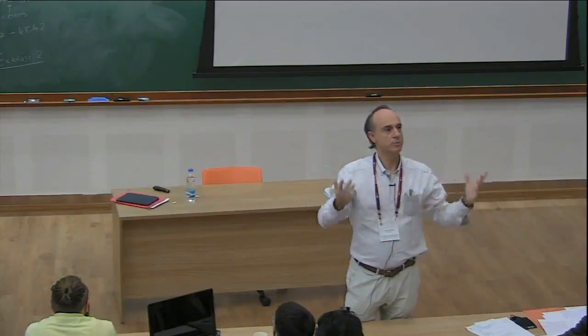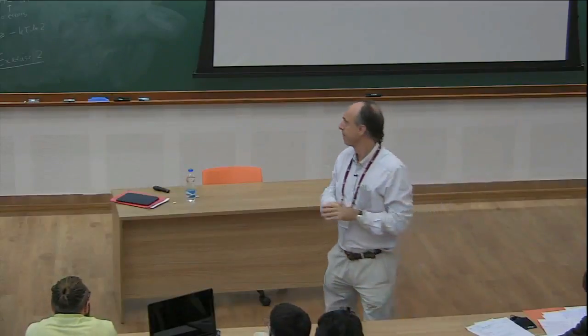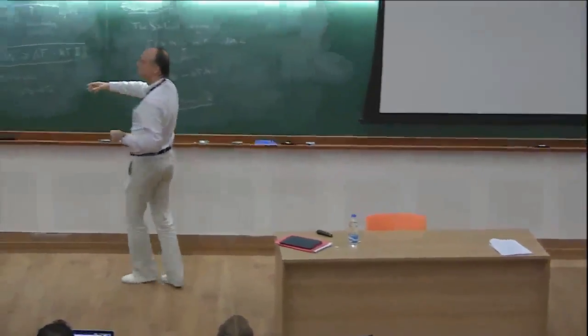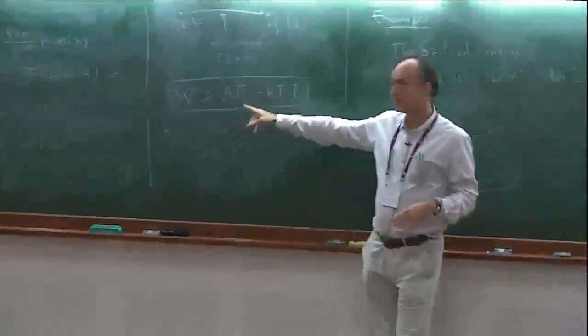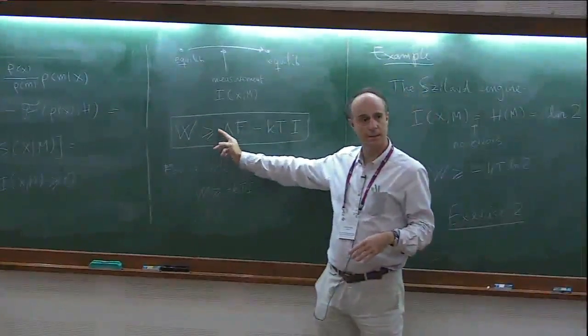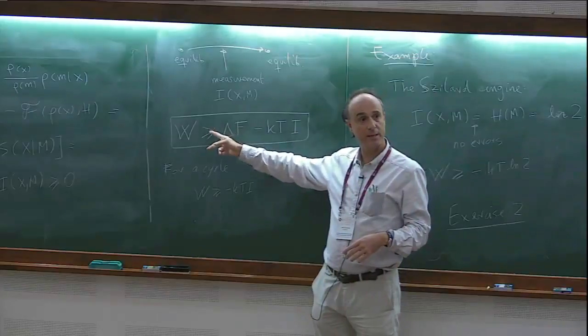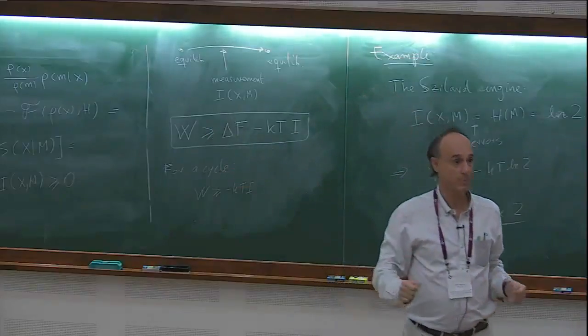If you have the possibility to measure, first, how much work can I extract if I measure? This is the answer. The second question is, how can I reach the equality here? So how can I build an optimal Maxwell demon from information?